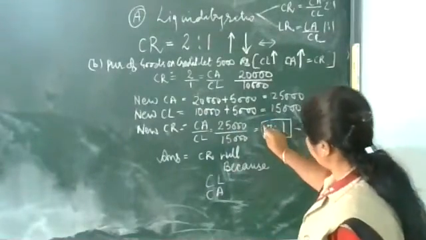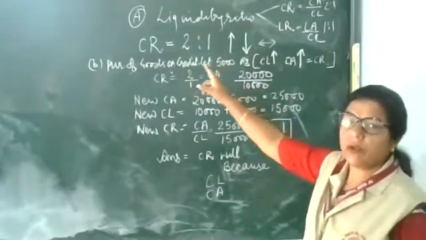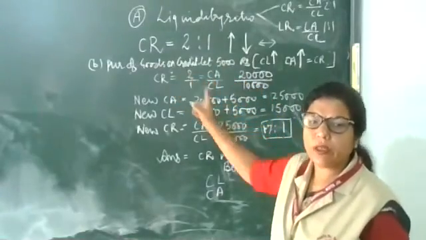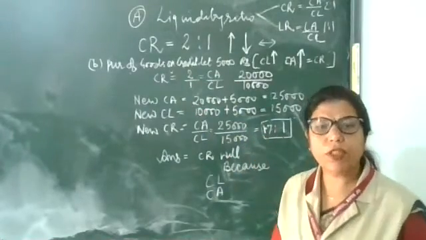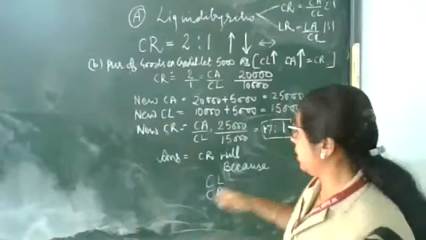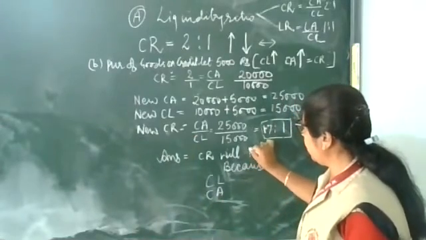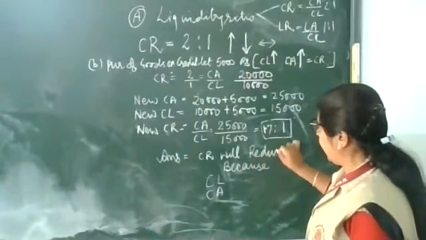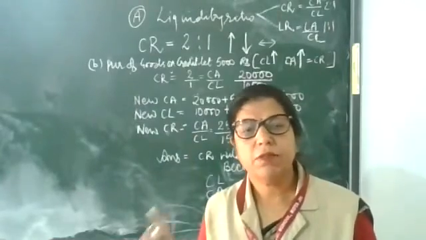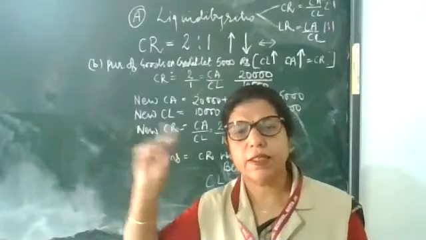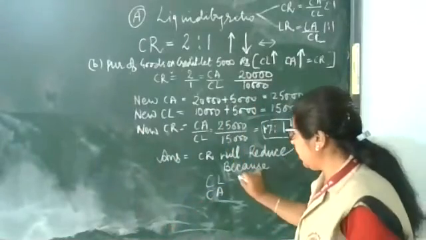See, the old ratio is 2 is to 1. The new ratio is 1.7 is to 1. Now the current ratio is decreasing. Why will the current ratio reduce? Simple reason: because current assets and current liabilities are increasing.